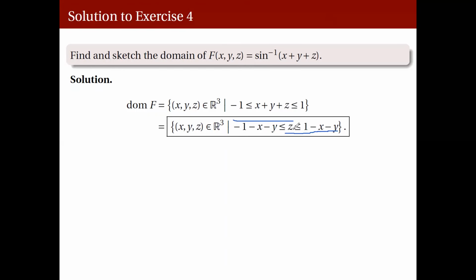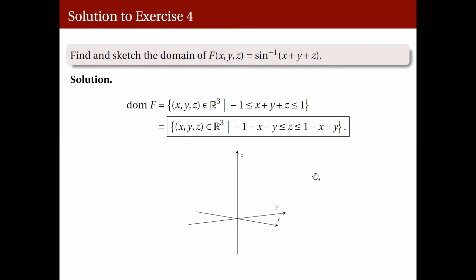Because, for example, this one, z equals, if we remove the less than, z equals 1 minus x minus y, it represents a plane, no? And if we recall how to sketch your planes in 3D from Math 22, then you may want to start with, of course, your 3D space.